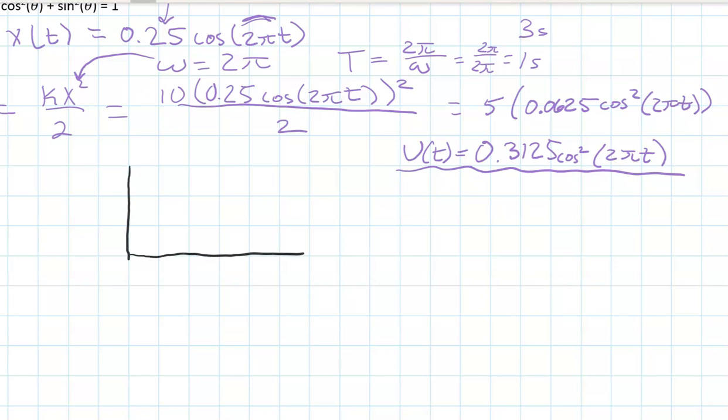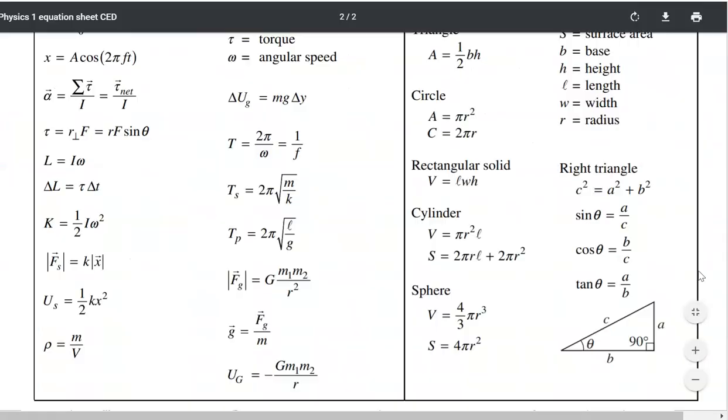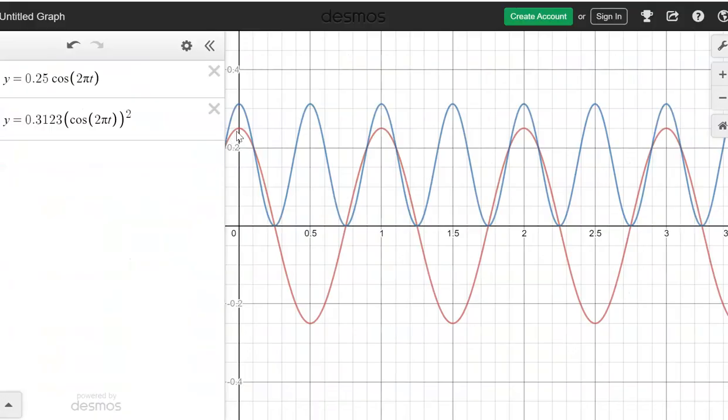What I think would be a good idea before you plot it is you can just plug this into your graphing calculator. I plotted it on Desmos. So this red is my position function. I can see clearly that 3 seconds corresponds to 3 full oscillations.